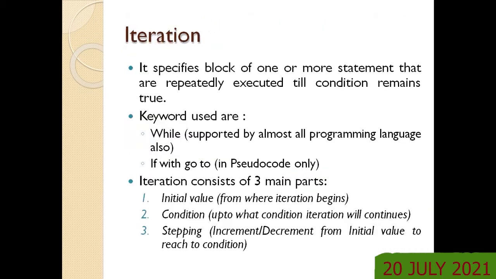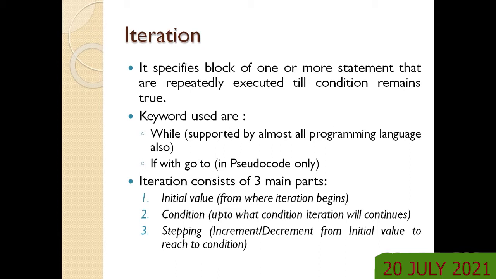Okay. Now what is iteration? Iteration is nothing but repetition. It specifies a block of one or more statements that are repeatedly executed as long as the condition remains true. We'll put some condition. For example, if I tell you to take 10 rounds in our quadrangle, first round, you will repeat the second round, you will repeat the third round.